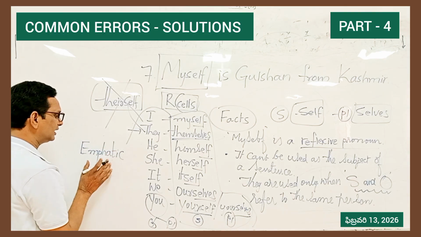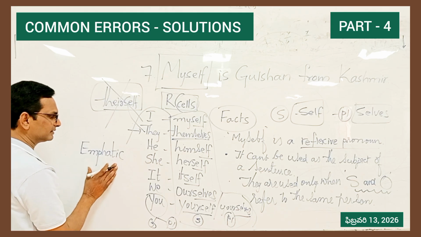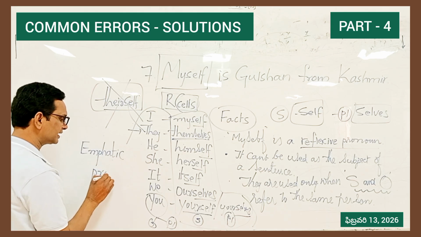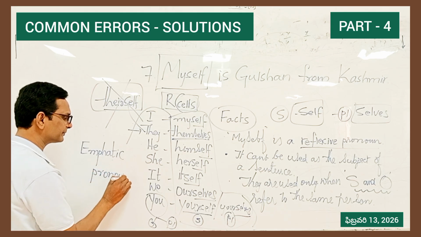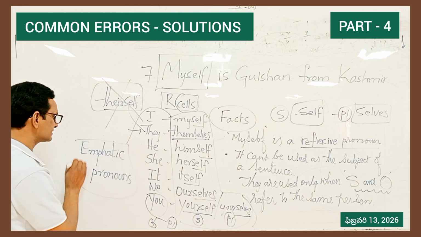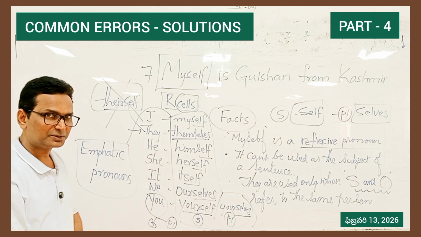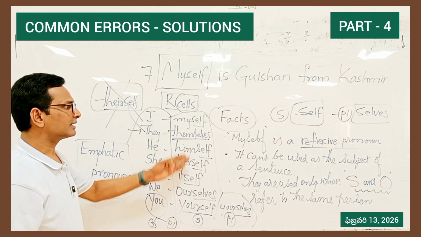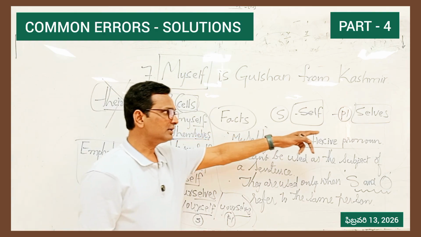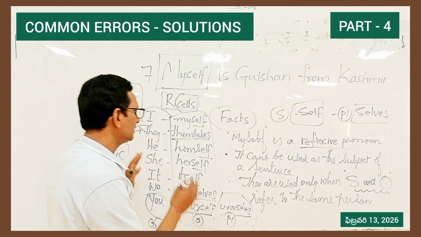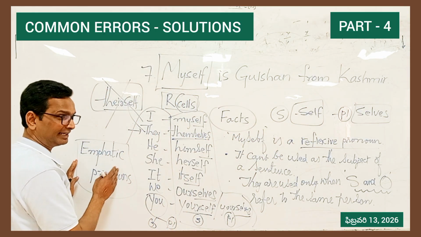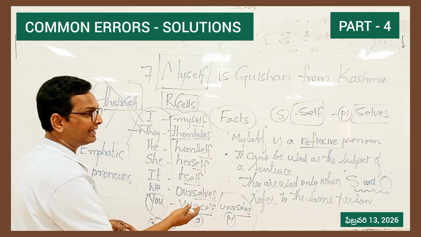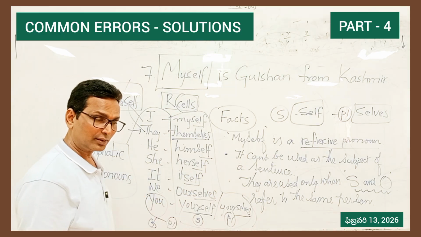How do you pronounce this? Emphatic pronouns, friends. So we have got this point also. The words that come with SELF or SELVES can also be called emphatic pronouns. And they are basically reflexive pronouns.